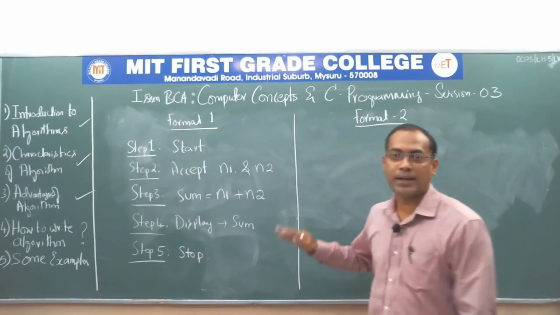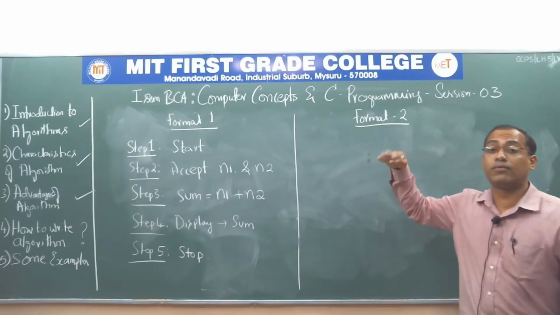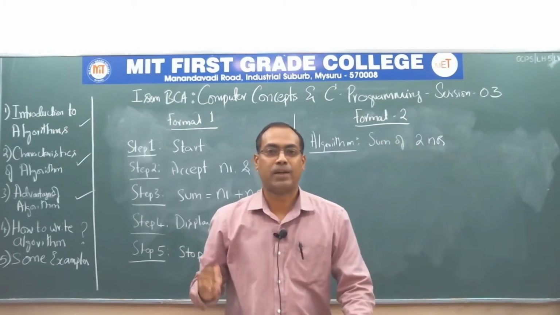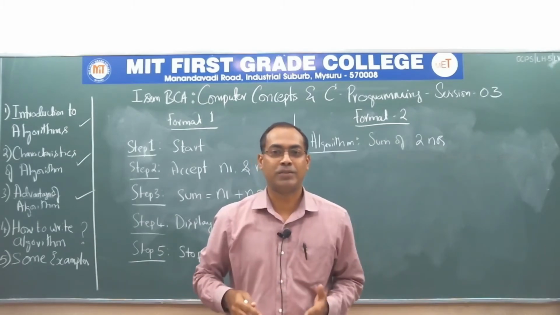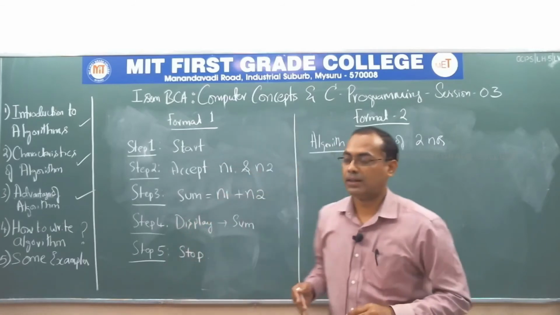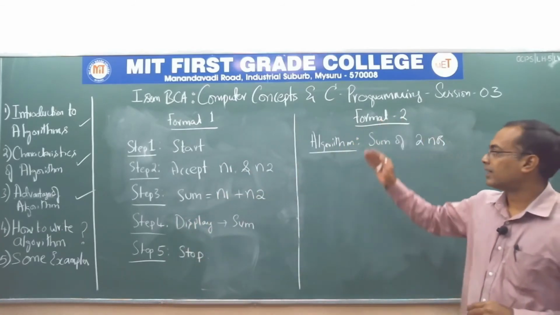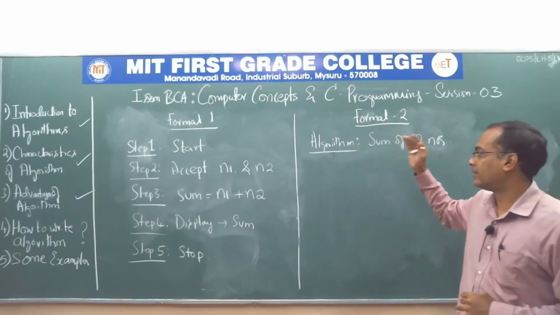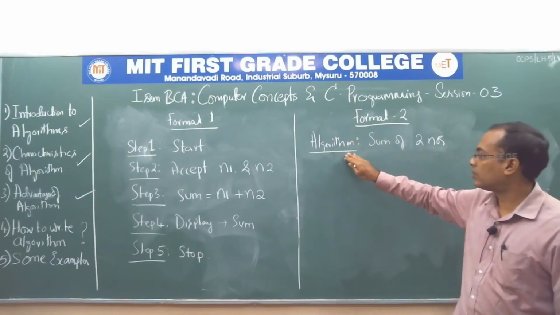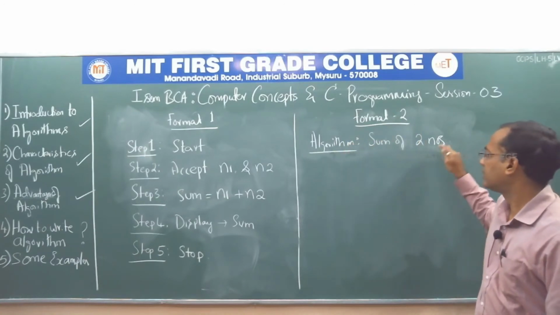Now I will show you another format of writing an algorithm. While we were videographing this lecture, all of a sudden power went off, so we had to stop during the format 2 explanation. I am going to continue from the same place. Okay, algorithm format 2. The first step is to write down the word algorithm and the name of the algorithm.